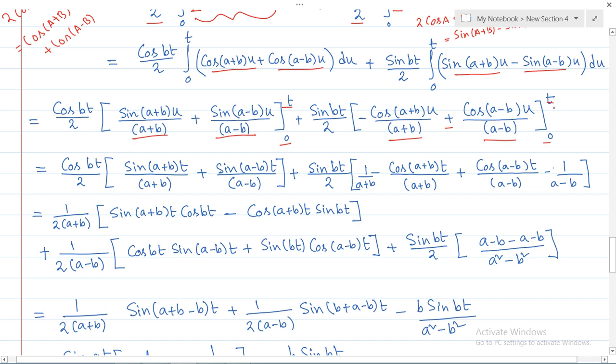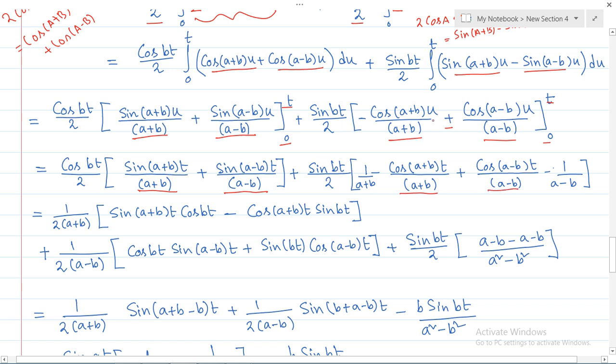Now we have to substitute the limits. After substituting, we get sin of (A plus B) t by (A plus B), and sin of (A minus B) t by (A minus B). From the second integration, for putting the upper limit, we are getting minus cos (A plus B) t by (A plus B) and cos of (A minus B) t by (A minus B).